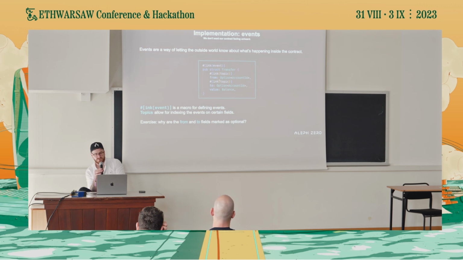Now, a question would be, so this event basically tells us, okay, a transfer happened. And notice that we mark the from account and to account as optional, right? So a question to you would be, can you imagine a scenario in which we make a transfer but it has no sender, or a scenario in which we make a transfer and it has no recipient?